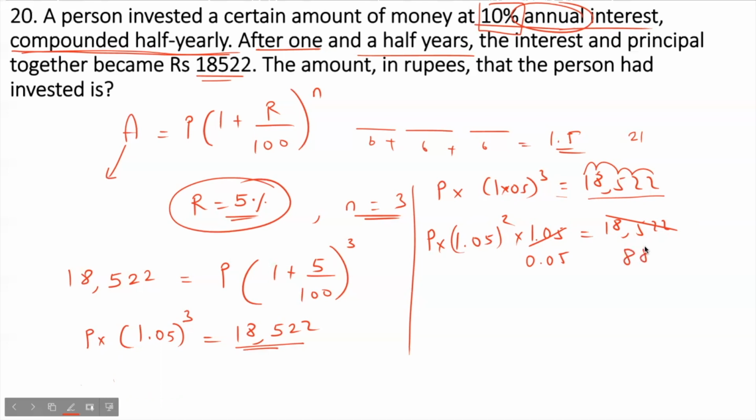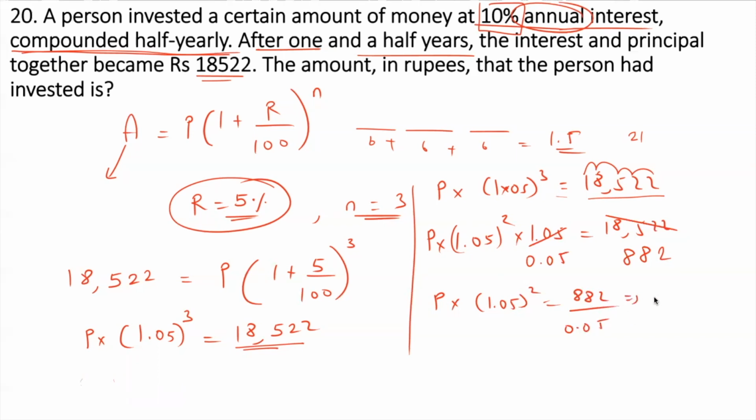Again, 21 8s are 168, sorry, 14 remainder. 21 2s are 42. We have 882. This we can further write as P into 1.05 square is equal to 882 upon 0.05.